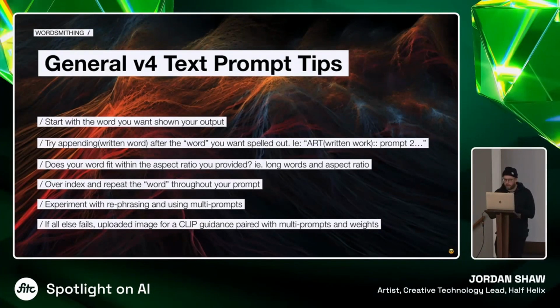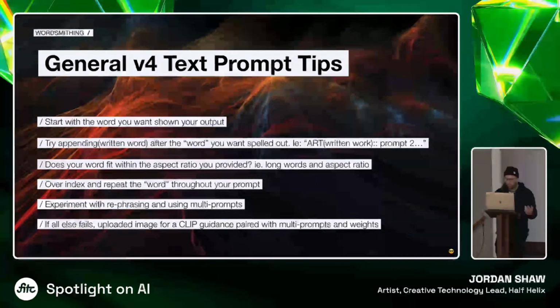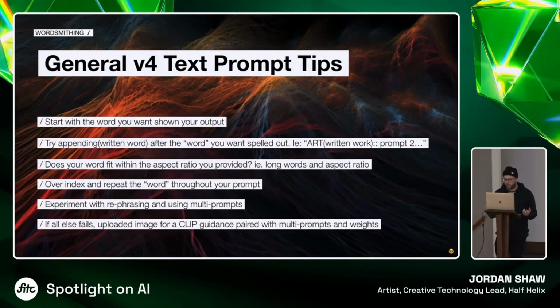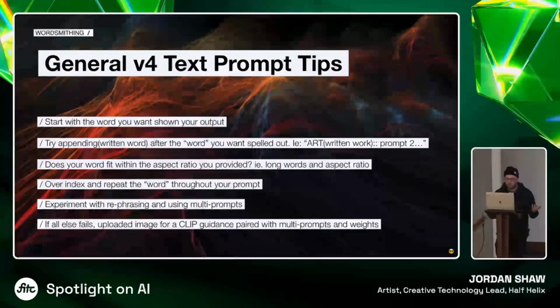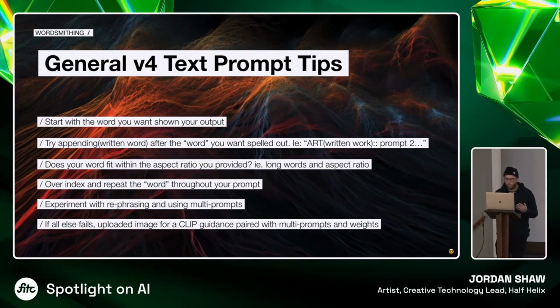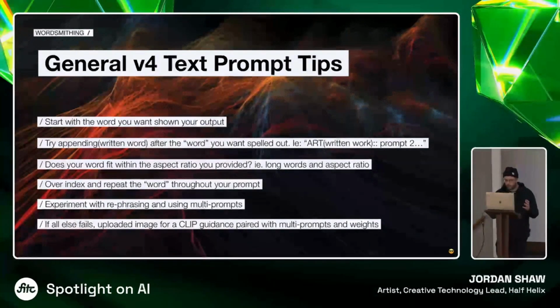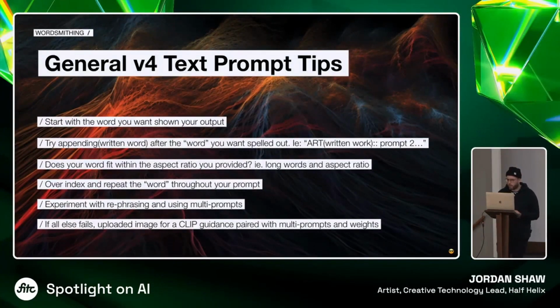It helps guide the output, and make sure the word you're trying to get is appropriately sized, the appropriate length for the aspect ratio that you're requesting from Midjourney. So a word like skateboard, don't have that in a 1x1 image. It won't fit, and you won't get the output that you want.